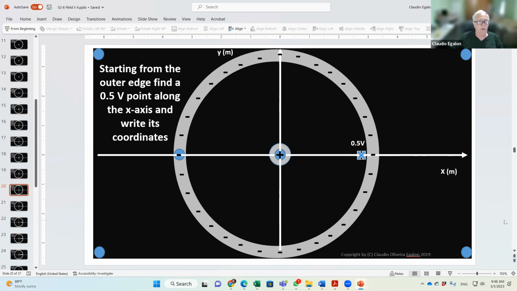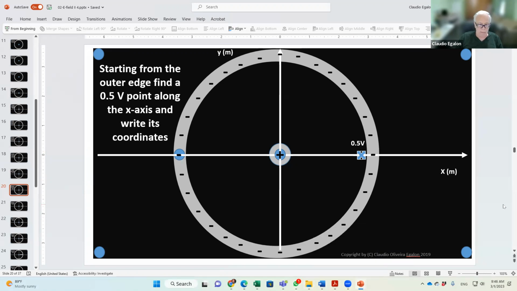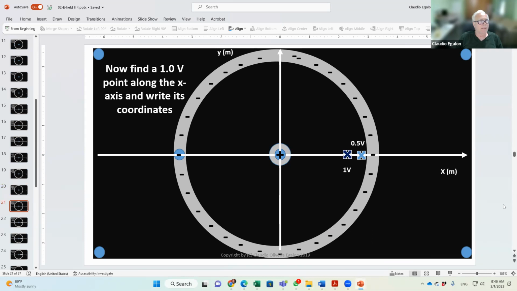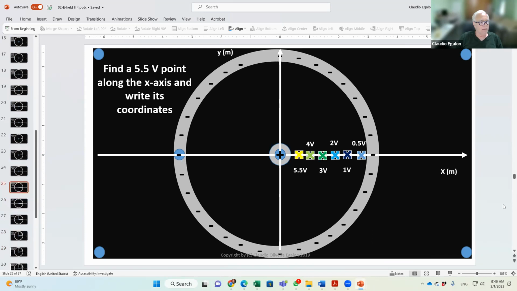And then you record the position of this point. Get as close as you can to half volt. And then 1 volt, and then 2 volts, 3 volts, 4 volts, and 5.5 volts.